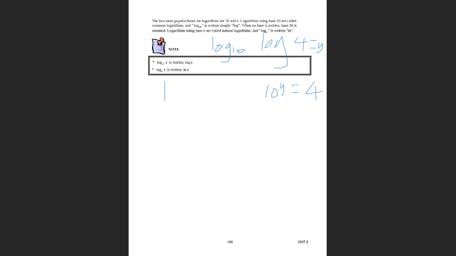Then, as I told you initially, the log of e is the same as the natural log, which is ln. So we must take note of that.